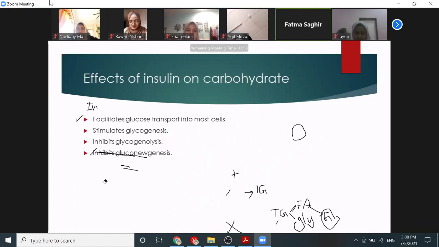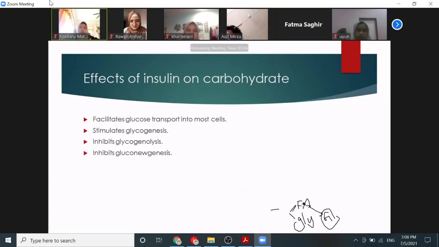So from here, can you guess what's the effect on protein? Effect of insulin on protein. What do you think? Stimulate anabolic process.